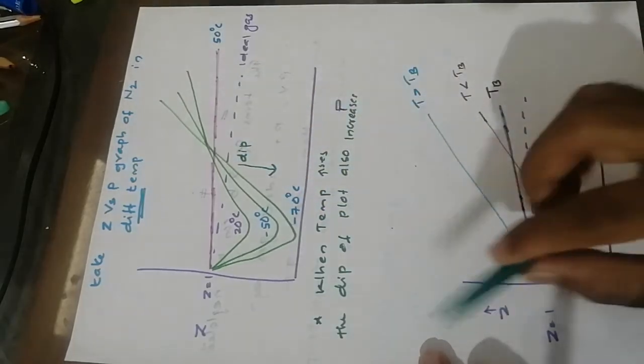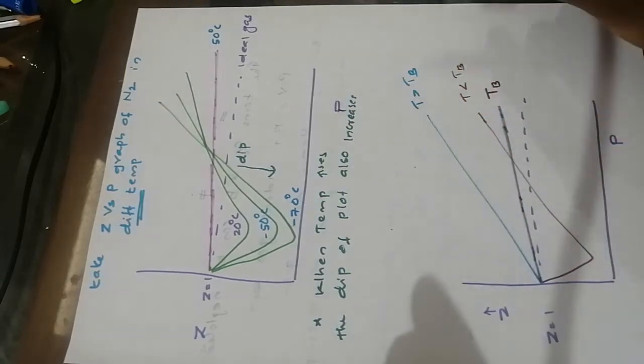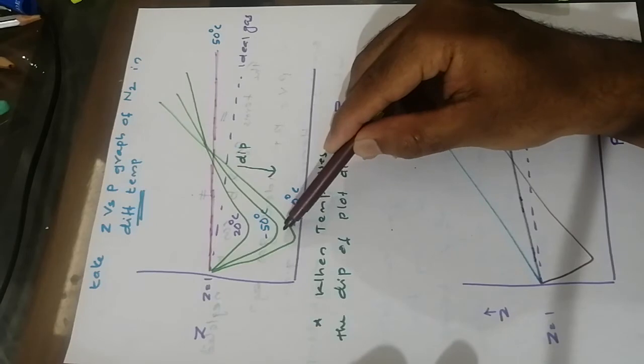The maximum dip is at minus 70 degrees centigrade. Therefore, the lower the temperature, the more the tendency towards negative deviation. How do you justify that? Because at lower temperature, it will go to the liquid state.